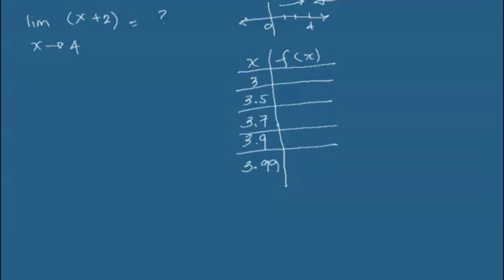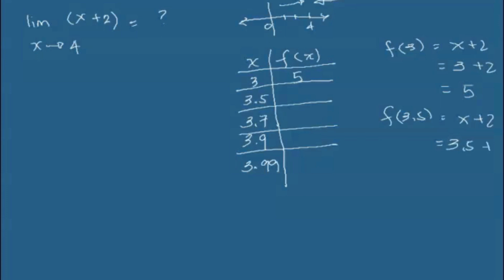All right, so let's do this. So f of 3 is equal to x plus 2. So 3 plus 2 is 5. Then substitute f of 3.5. So x plus 2, 3.5 plus 2 is equal to 5.5.